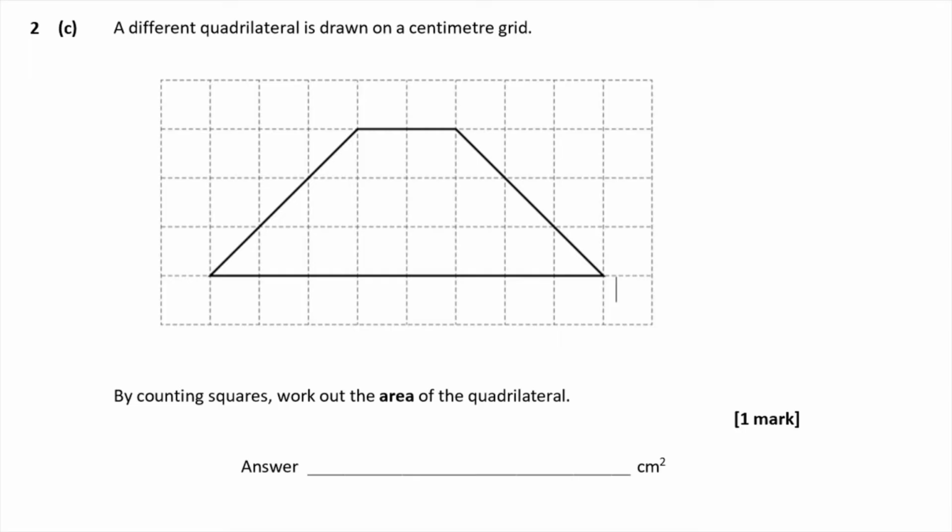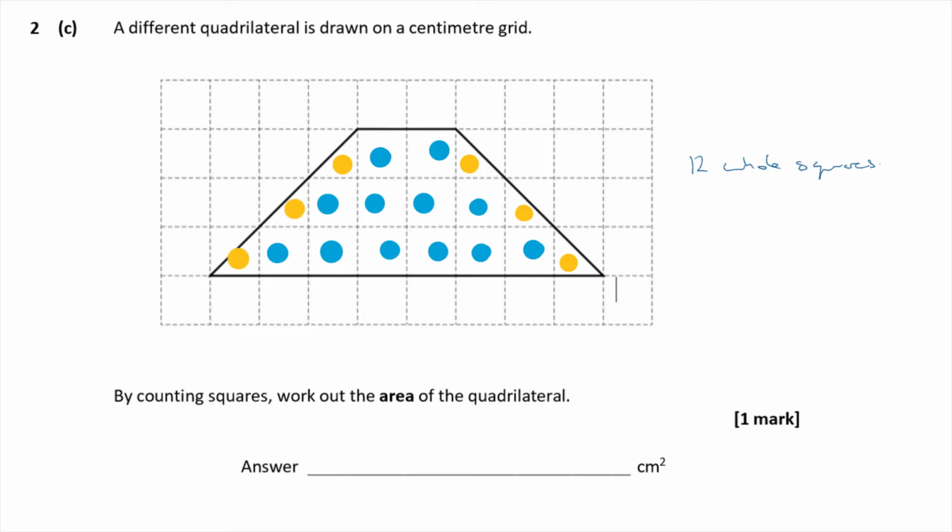Okay. Now, this quadrilateral is made up of 1, 2, 3, 4, 5, 6, 7, 8, 9, 10, 11, 12 whole squares. 12 whole squares, and it also has 1, 2, 3, 4, 5, 6 half squares, doesn't it? 6 half squares.